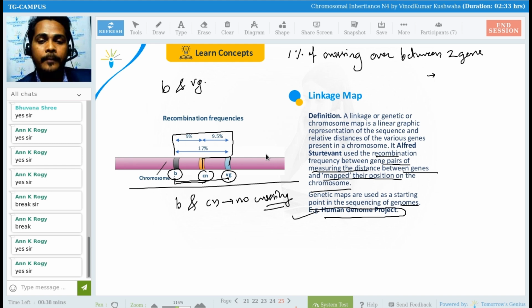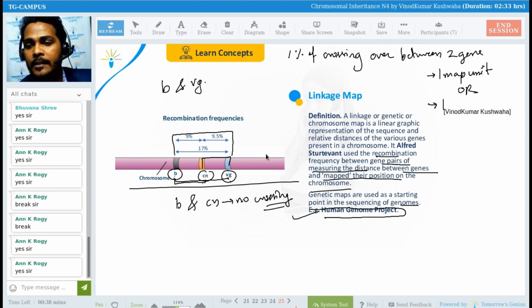That is known as one map unit. It is called one map unit, or you can call it a centimorgan, or 1 capital M. So C for centi, M for Morgan.